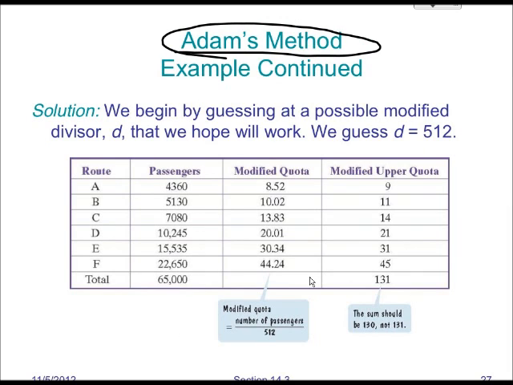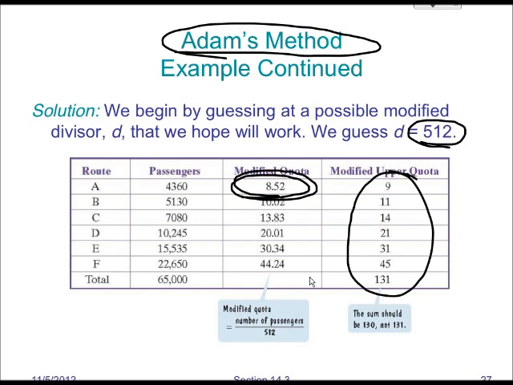Without going through a lot of guessing and checking in the notes, somebody else guessed and checked 512. When you use 512, this is upper quota now, so everybody gets rounded up.